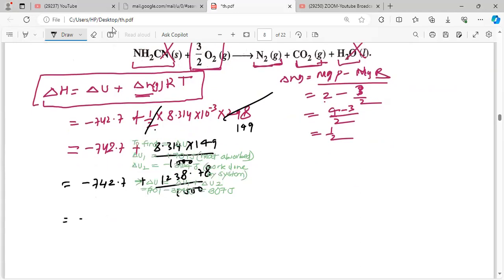So if you write 742.7 and here will be the plus, it will come 1239, you can do the round figure. So 742.7 plus 1.239 is going to be 741.46 kilojoule per mole.